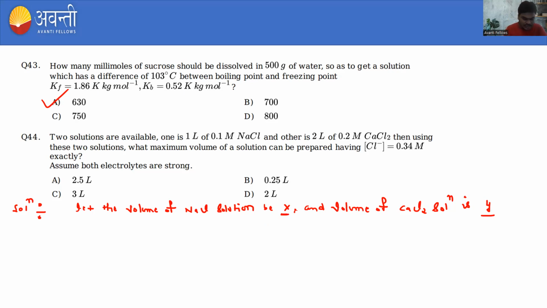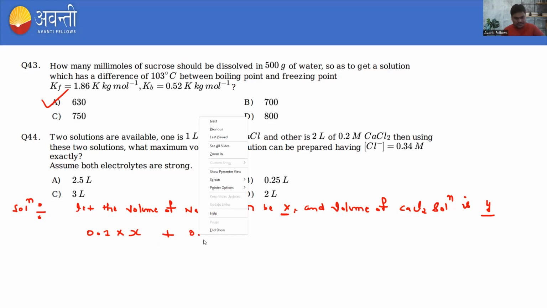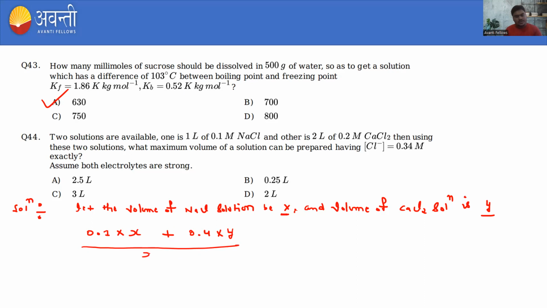Then how will you find that? So we know that is already given. Then 0.1 molarity into X, that is volume, plus 0.4 into Y, and divided by the total volume X plus Y, using the molarity equation, is equal to 0.34.